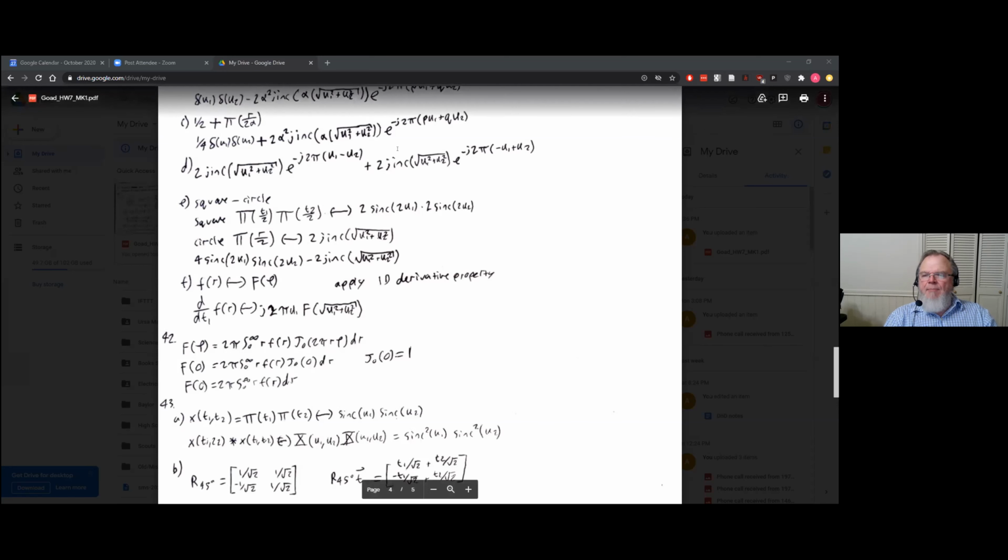What operation would that be? If you had an image, go ahead and unshare your screen, if you would. If you had an image, it doesn't even have to be circularly symmetric, and you did a derivative with respect to t1, what would you expect? That'd be edge detection.